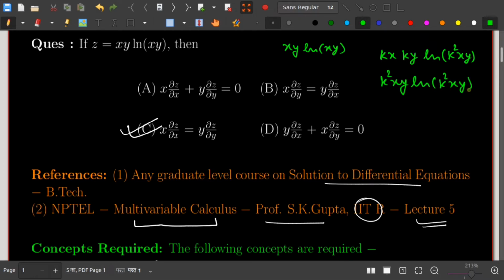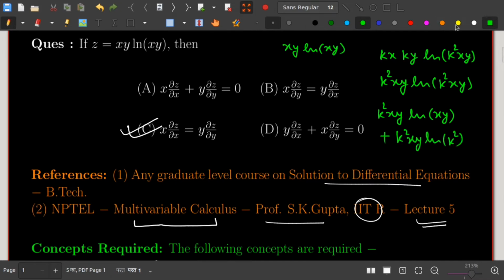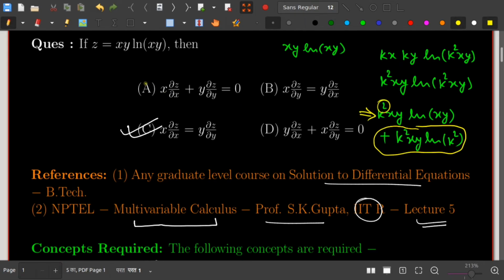So this doesn't end up being k raised to n times the original function, because you can separate this log term as ln k square plus ln xy. So this term here comes out to be extra, and this doesn't allow this function to be homogeneous. Otherwise, if this had been only xy, the function would have been homogeneous with degree 2, but that's not the case. Therefore, this option becomes wrong.